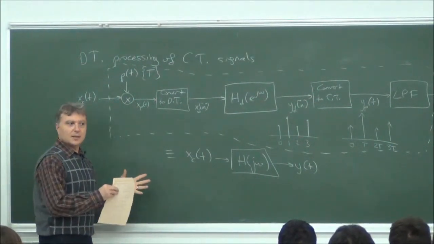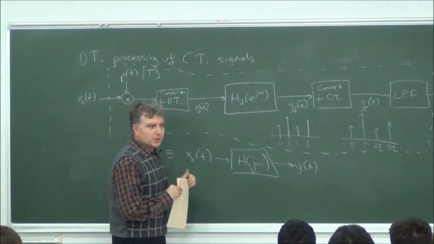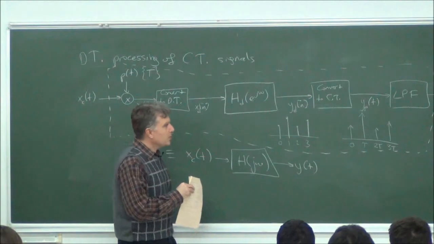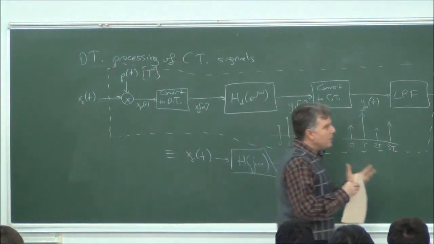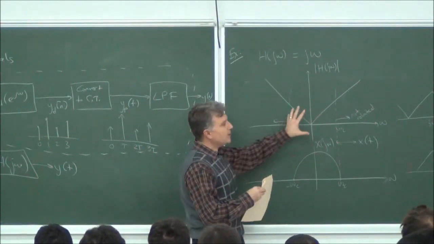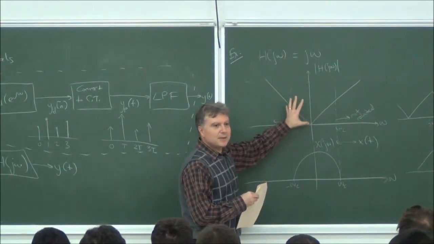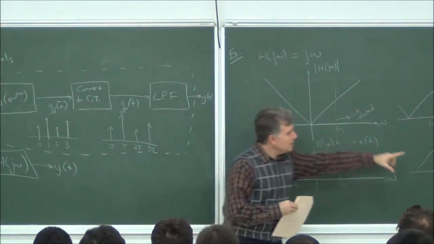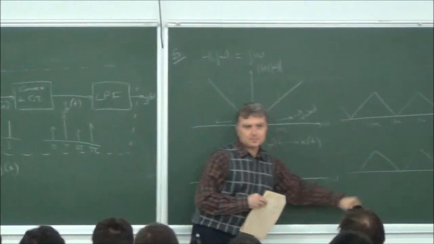I processed the continuous time system using a computer. What did I do? I converted everything to a discrete time version in the filter domain. I sampled the filter, in other words. This is the filter, the system, and this one is the sampled system.